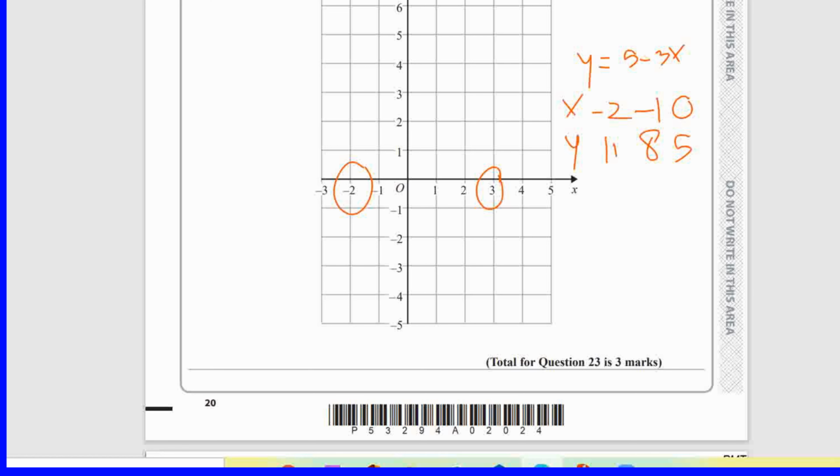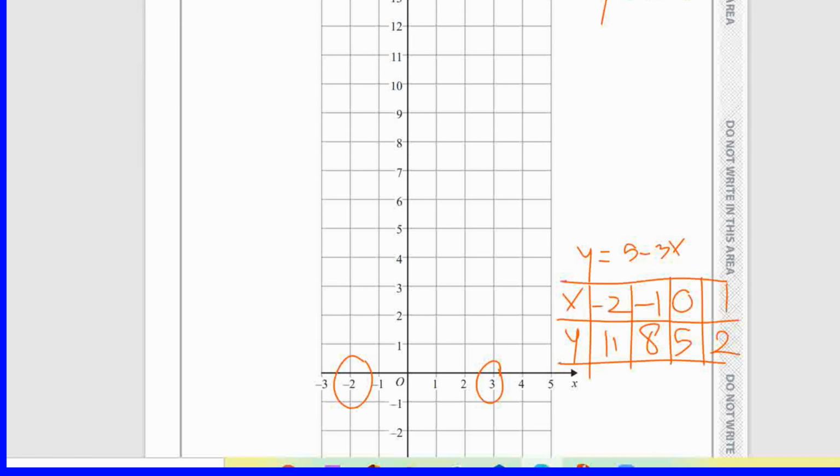If it is 1, it will be 2. Our table: -2 to 11, -1 to 8, 0 to 5, 1 to 2.